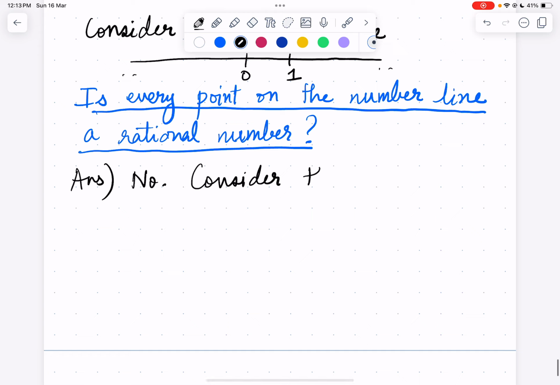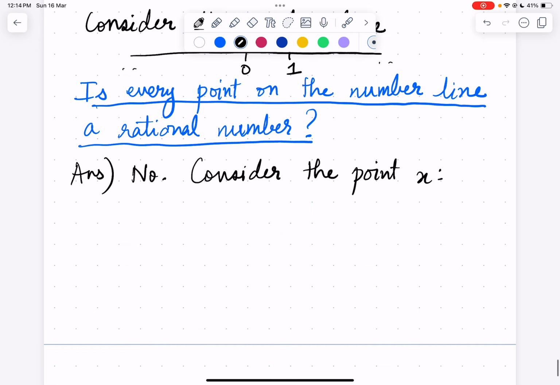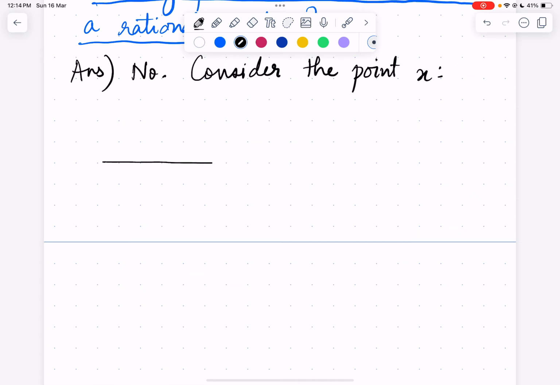Consider this point, the point x. It's constructed like this. You have the number line, you have 0, you have 1. Take a right angle triangle. This length is also 1.